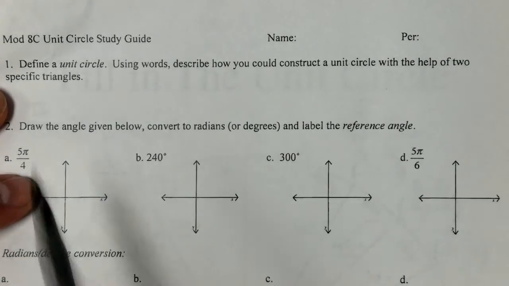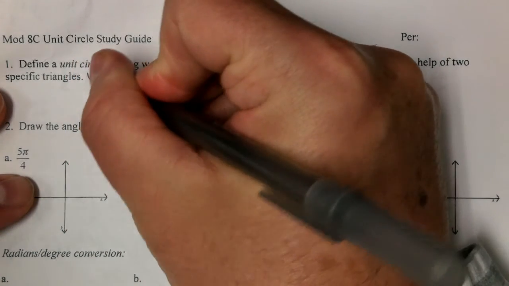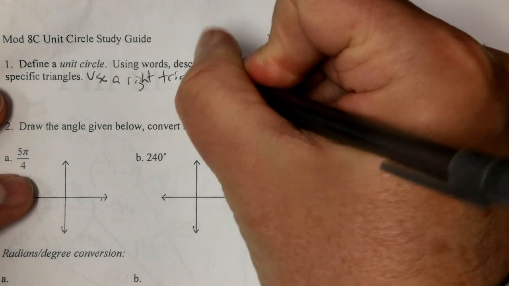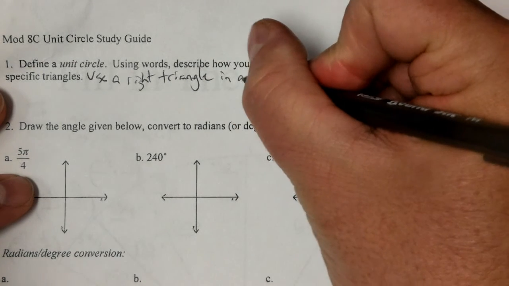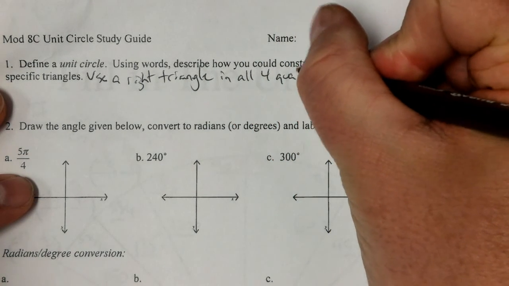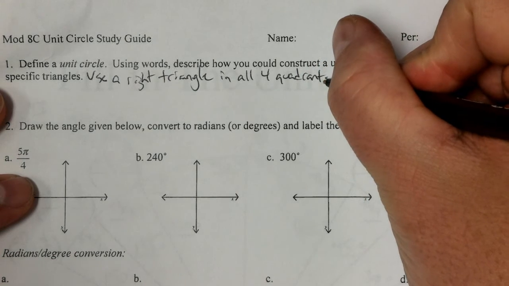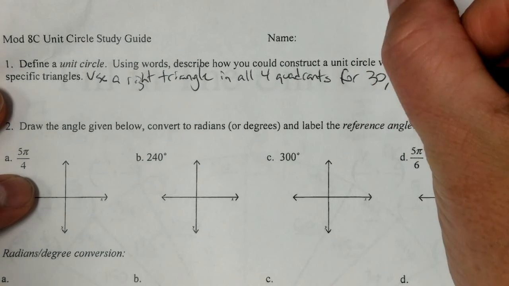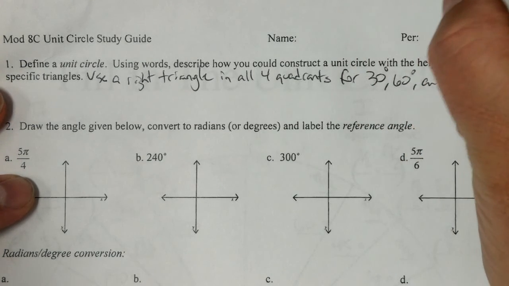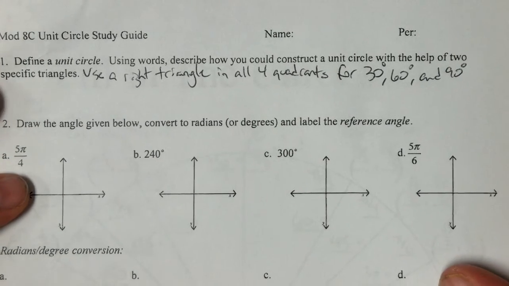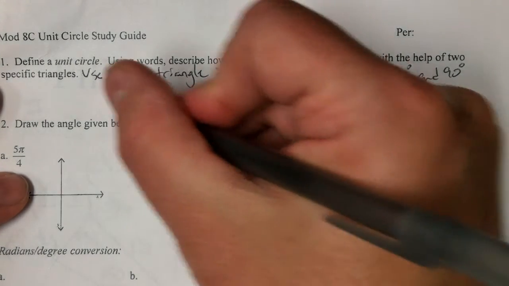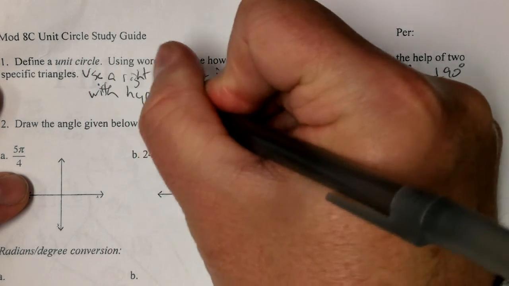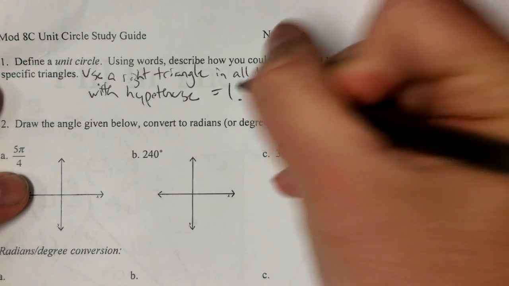So as an example, use a right triangle in all 4 quadrants for 30 degrees, 60 degrees, and 90 degrees with hypotenuse equal to 1.